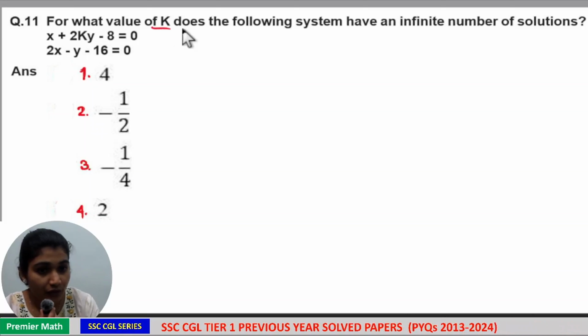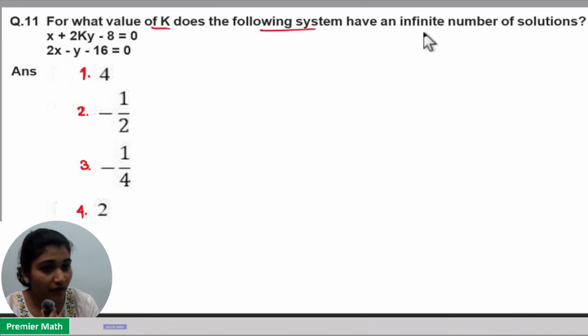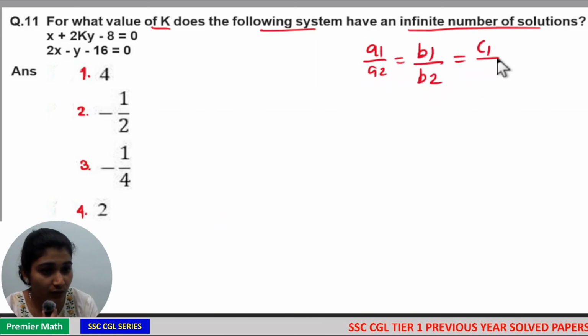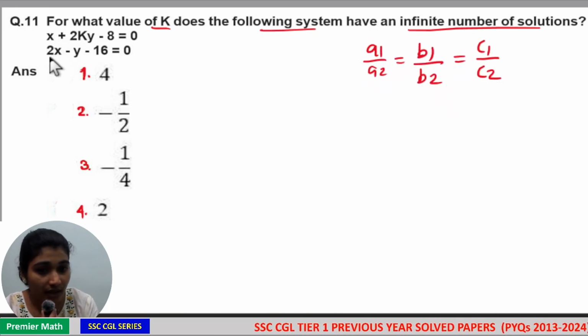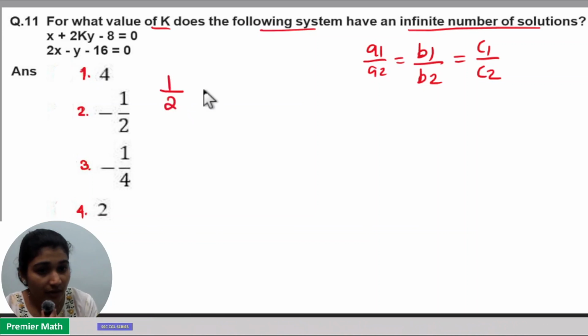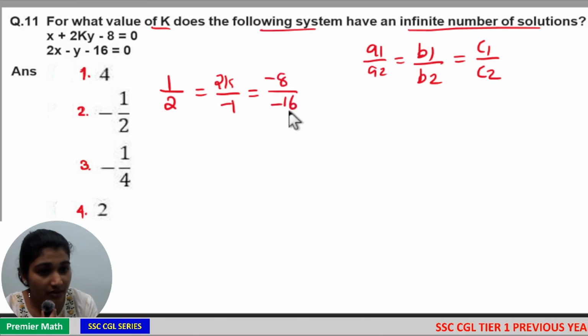For what value of k does the following system have an infinite number of solutions? To have infinite number of solutions, a1 by a2 should be equal to b1 by b2, that should be equal to c1 by c2. Here a1 by a2 means 1 by 2 and b1 by b2 means 2k divided by minus 1, and c1 by c2 means minus 8 divided by minus 16.